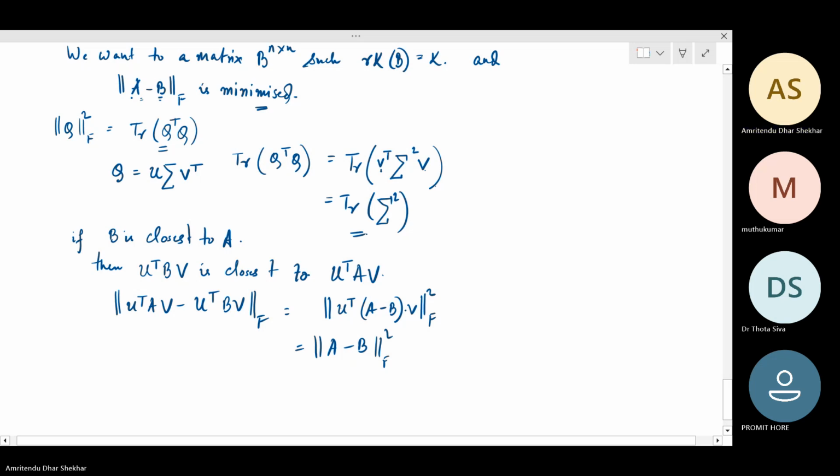Can you go to that previous step, the trace of Q transpose Q? Yeah, this step. Q transpose times Q, let me write it down. Q transpose Q is equal to V sigma U transpose U sigma V transpose.